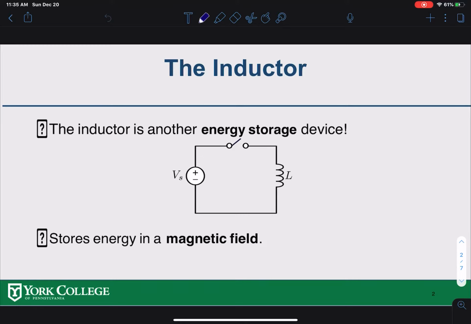An inductor is also an energy storage device, but it stores energy in a magnetic field. What does that mean? If you close the switch over here, current goes through the coil, and as soon as current goes through it, the coil will have a magnetic field around it like this.